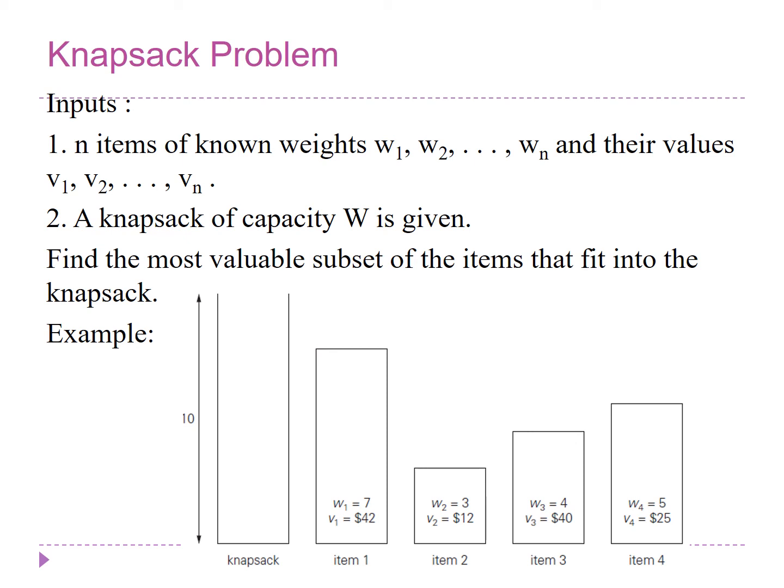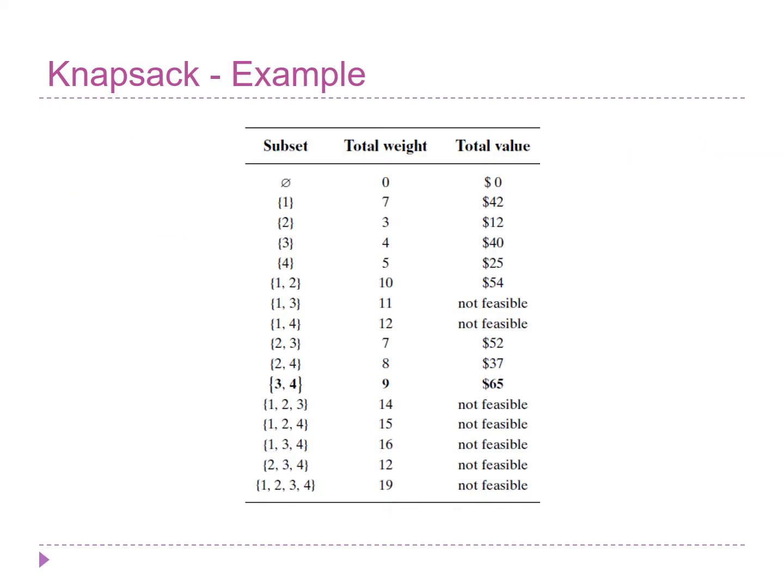Let us solve this knapsack problem using the exhaustive search approach. The exhaustive search approach to the knapsack problem finds every subset of items that will fit in the knapsack and selects the subset of items that has the maximum total value.